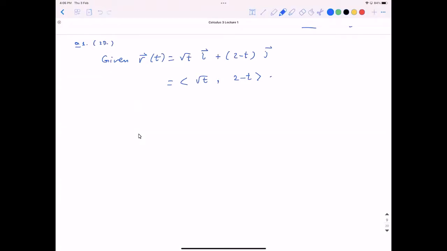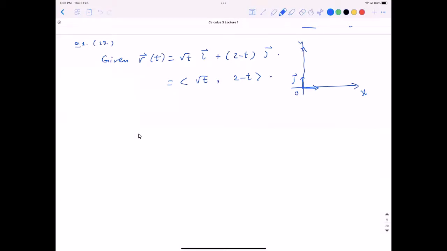So a particle is moving in 2D, we are given i, this is the x-axis, this is the y-axis, i is a unit vector along x, j is the unit vector along y in the positive direction, as usual.